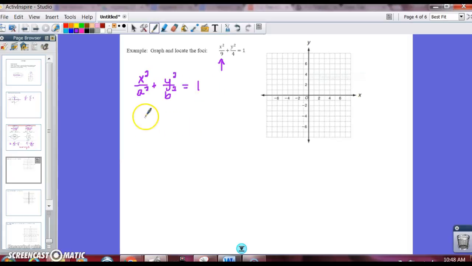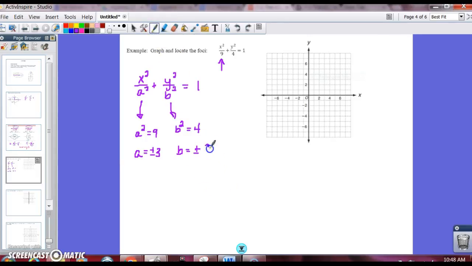So I know that a squared is equal to 9, which means a is plus or minus 3. I know that b squared is equal to 4, so then b is plus or minus 2.